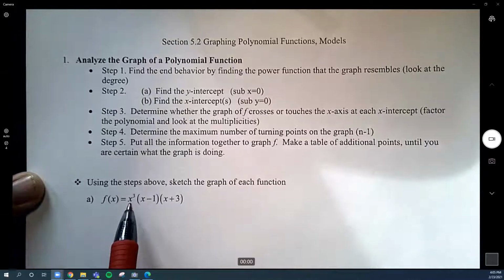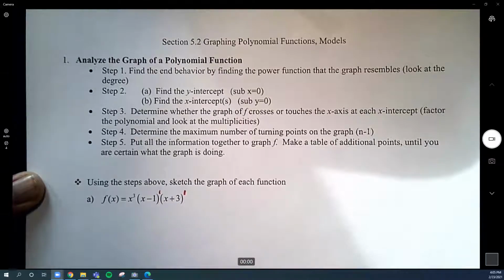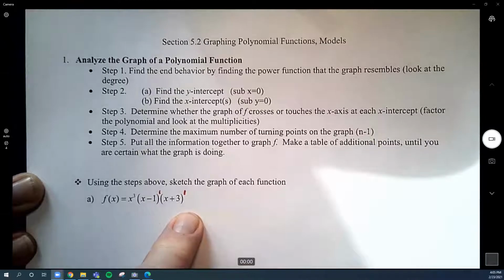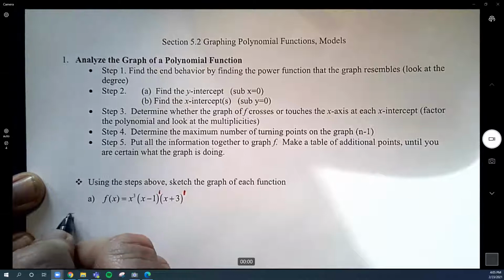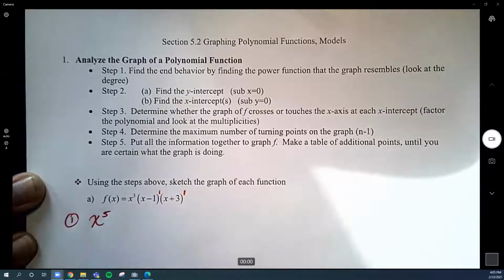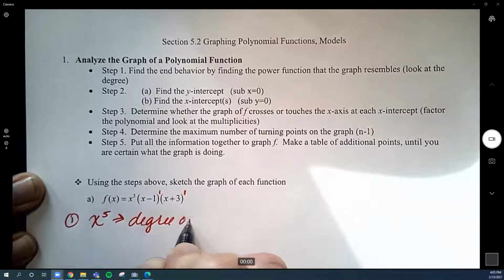Notice you have an x to the third here, another single x here, and another single x here. When all of this is multiplied out, the very first term is going to be x to the 5th power, which means this polynomial has a degree of 5.